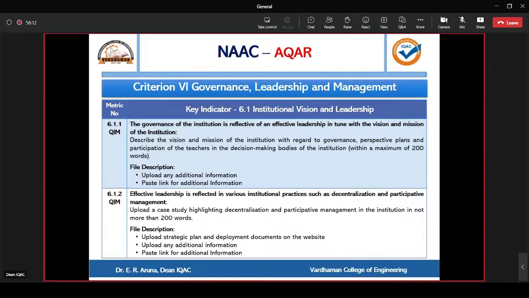The management should operate in a decentralized and collaborative mode. This enables a participatory style of governance and encourages inclusivity. Decentralization helps the management by delegating administrative and academic responsibility to various heads, as well as deans and senior faculty. The objective is to promote inclusiveness and participation of all the members in the functioning of the college.